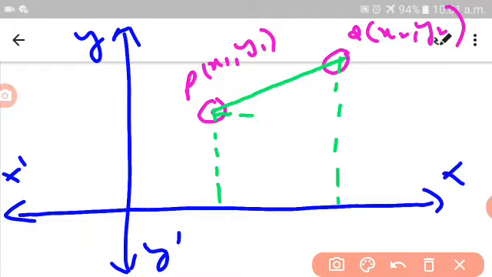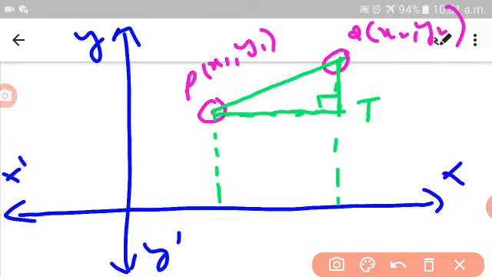Then you also draw a line which is parallel to the x-axis, and let us say this point is T. So we are having a triangle here, that is triangle PQT, and this will be 90.